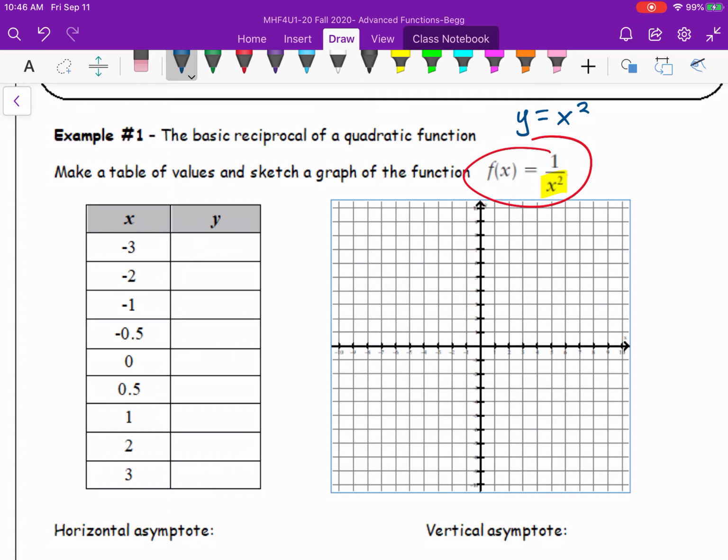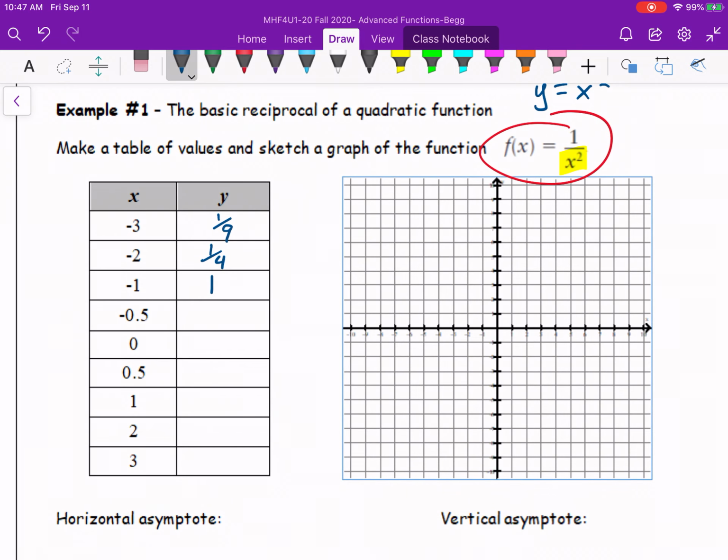So if I stick -3 into the equation, then I get 1/9 as my output y value, my f of x. If I stick -2 in there, then I'll have 1 over -2 times -2, which is 1/4. And -1 squared is positive 1, so I'll get 1 over 1, but that's just 1.